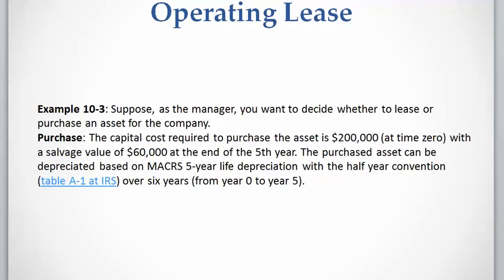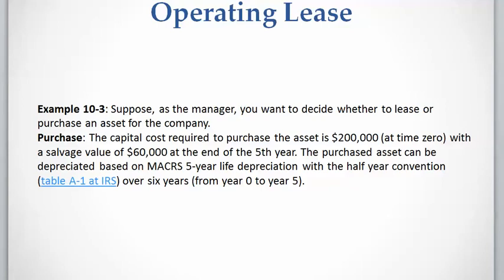Project assessment. So let's work on this example, for which in the previous video we calculated the project assessment for the operating lease. Here we are going to evaluate the project based on the capital lease. Assume as a manager you want to decide whether to lease or purchase the asset. If you purchase the asset, you need to pay $200,000 at present time.